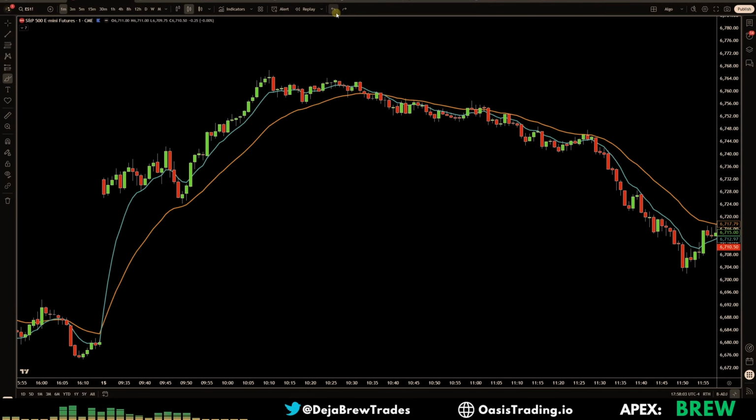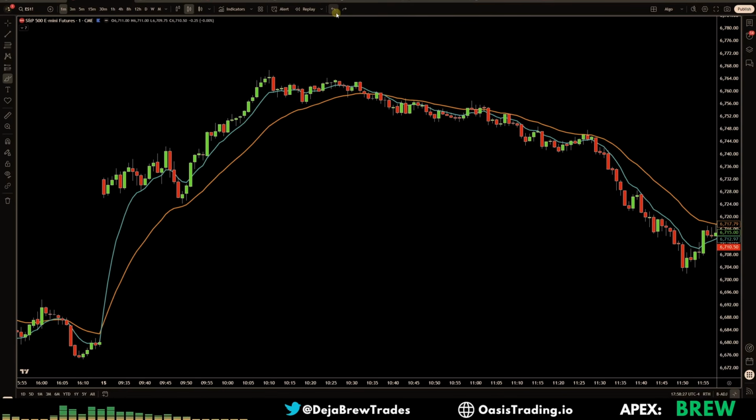So if we understand that that probability is extremely high, why would we want to be a buyer if you're very extended above that EMA? And same thing goes for the downside. Why would we want to be a seller way below that 8 EMA if, like I said, the probability of pulling back to it is so high?